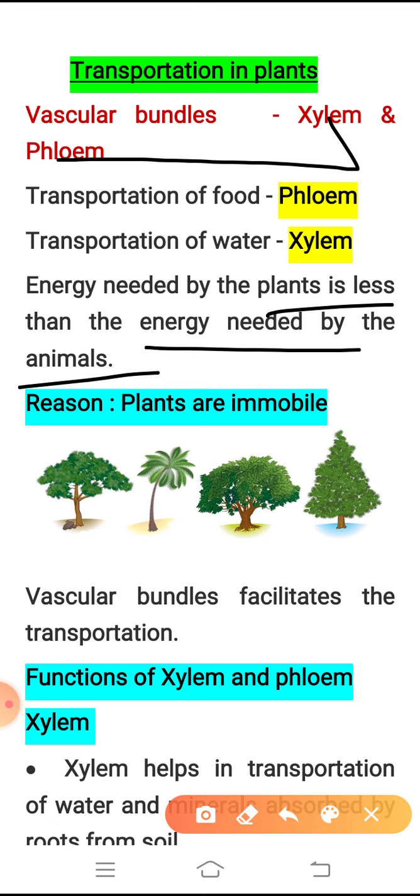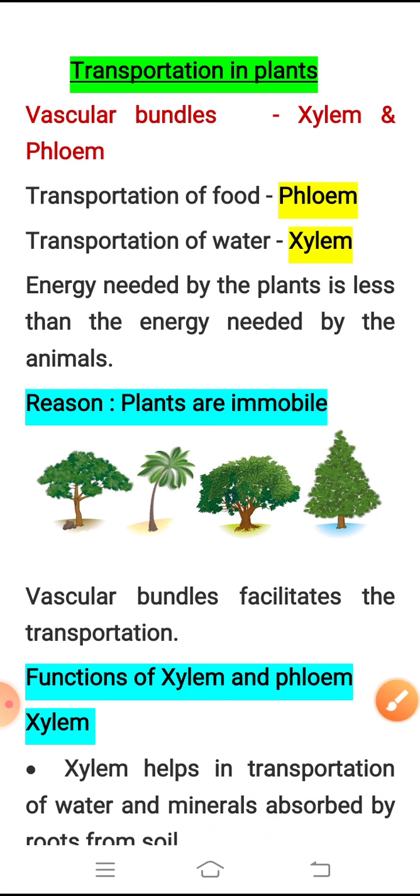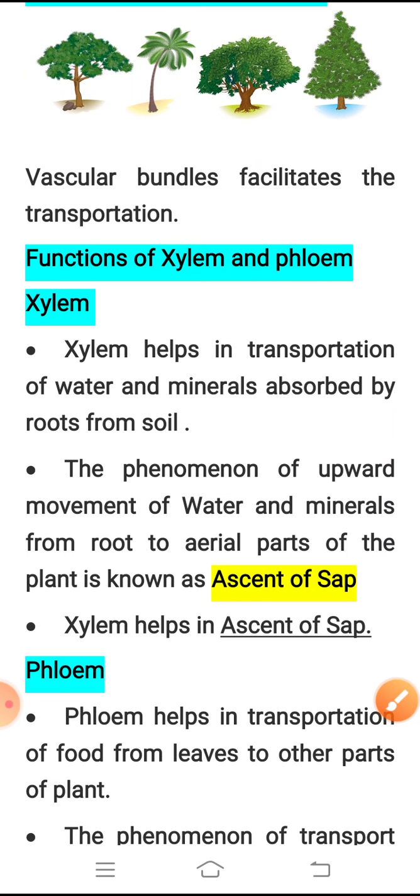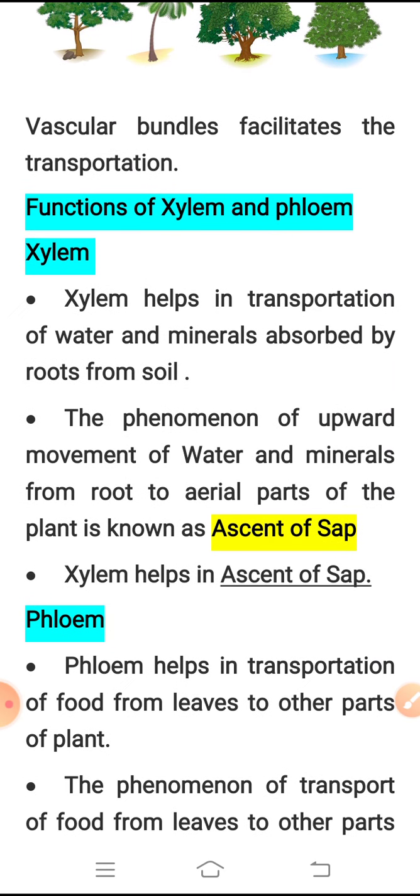Some plants are very tall and some are very short, so transportation depends upon the tallness and shortness of the plant. Now let us understand how the vascular bundle facilitates transportation.